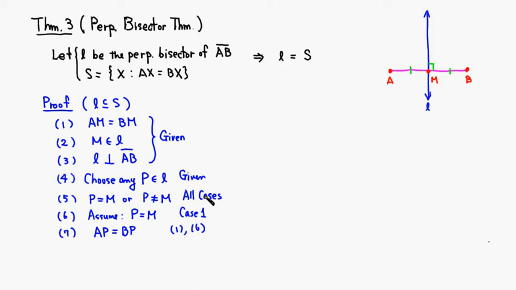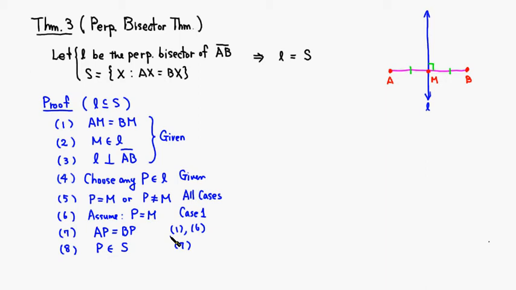Which means that P is equidistant from A and from B. So therefore 8: P belongs to S. That's the definition, S is the collection of points equidistant from A and from B. So this comes from 7 and the definition. So in this case, we could show that P is in S.